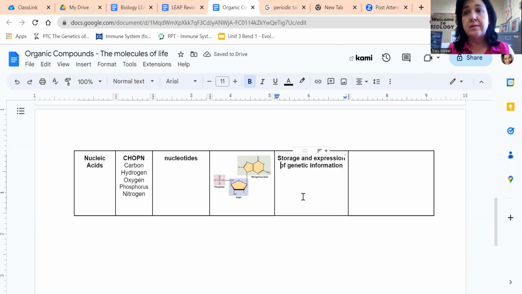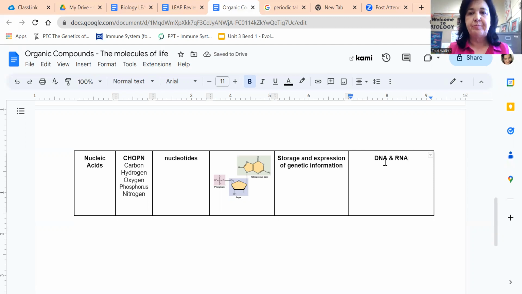So not only do nucleic acids store the genetic information, but they also play a part in expressing what that genetic information is supposed to do. What is its job according to that? So the examples of nucleic acids are DNA and RNA.